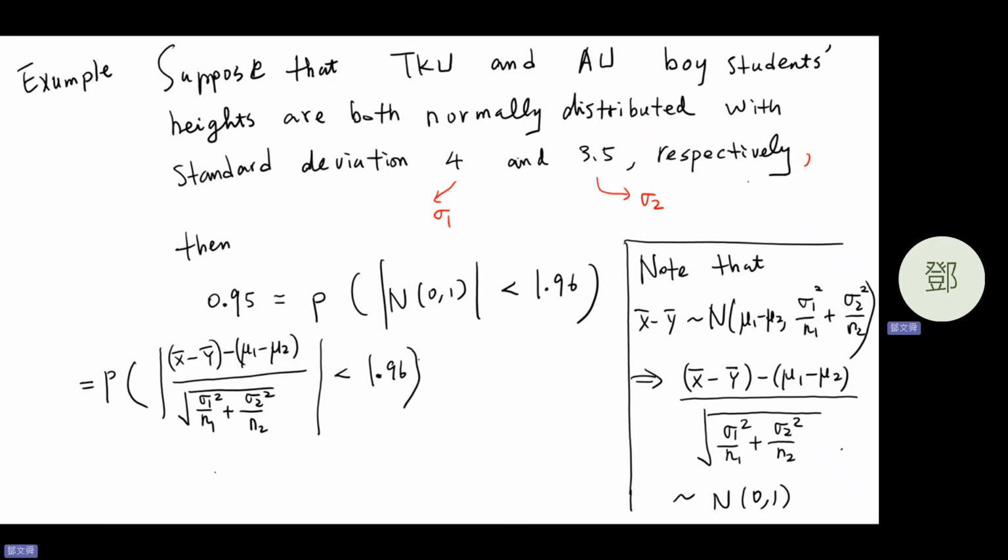And this is equal to the probability of the same thing. I changed the order because it is in the absolute sign, so the order does not matter.